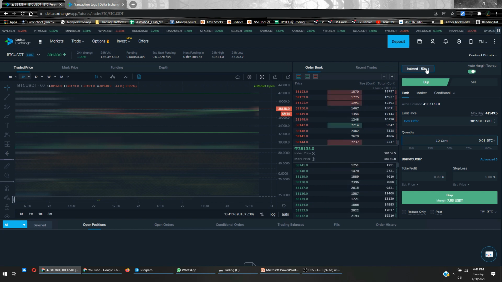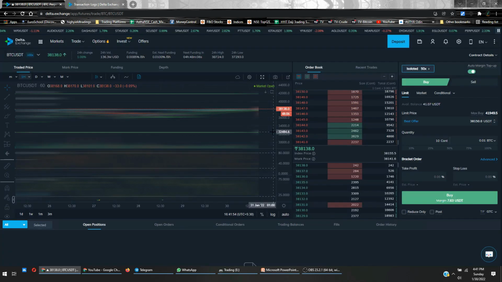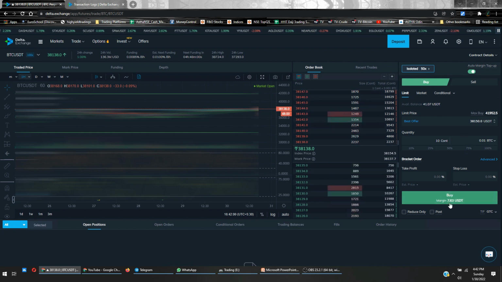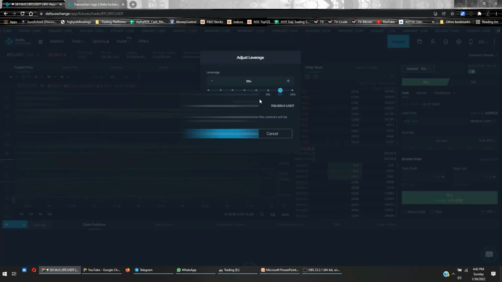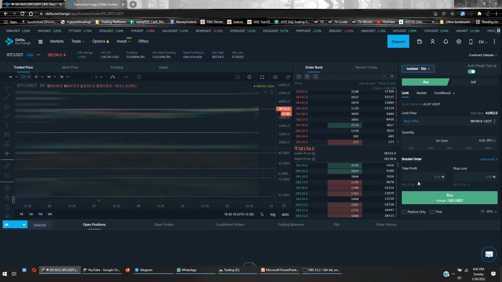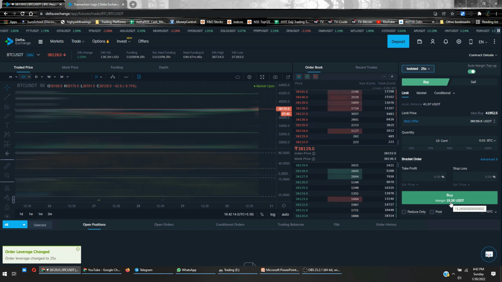Another thing that you need to note here is if you go for lesser leverage, let me cancel it and show it here right now. If you are trading 0.01 BTC with a 50x leverage, you need a capital of 7.63 USDT, right? If I reduce the leverage to maybe 25x, then this capital requirement increases.